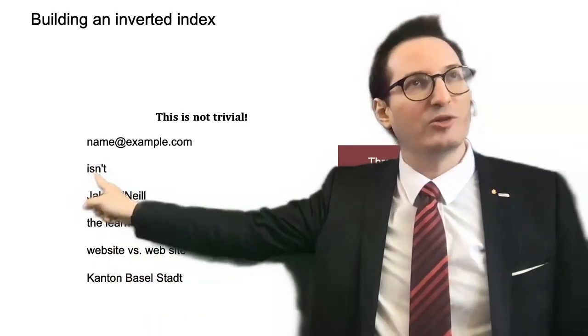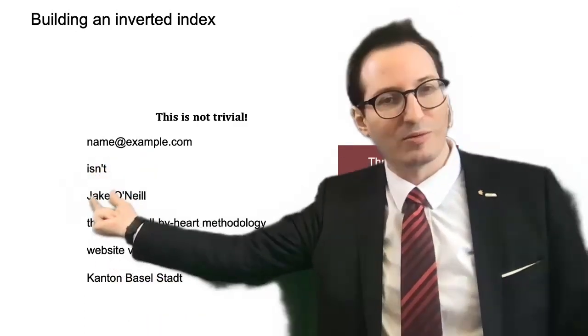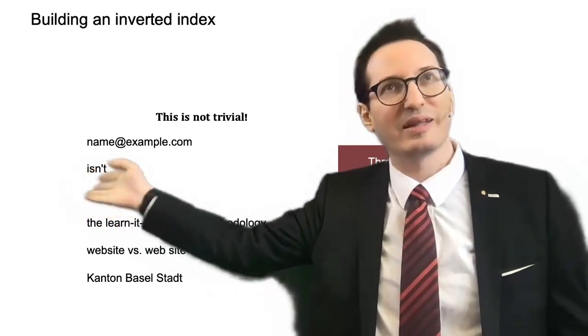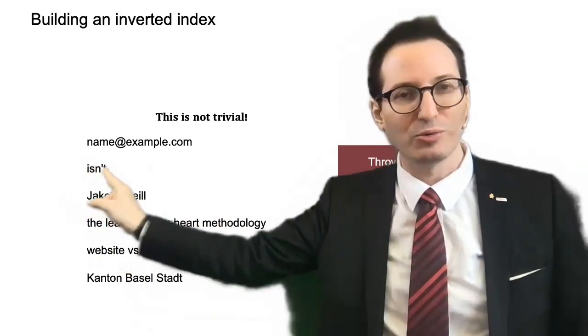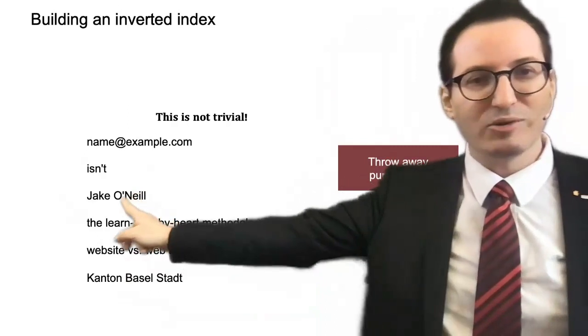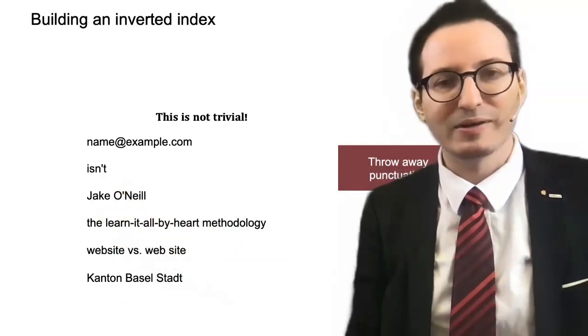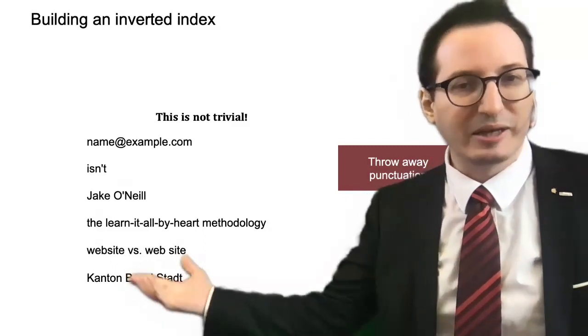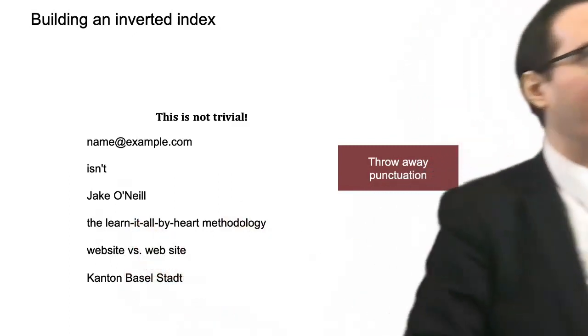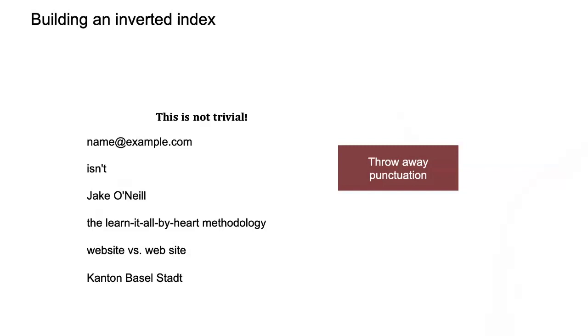Plus, here it's actually two words, but since isn't is written like this, you don't have a space that helps you distinguish between the two. So that's another problem. Then you have the family names that can also contain special characters, like in here. Then in English, you have these dashes that you can use to bind words together as a single group. This is also not something you want to throw away.